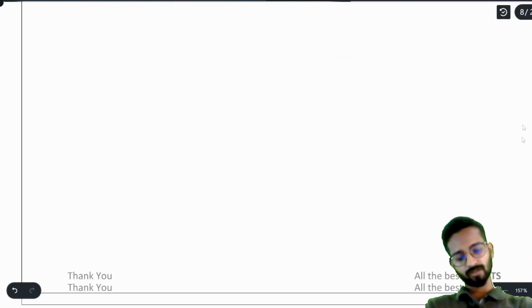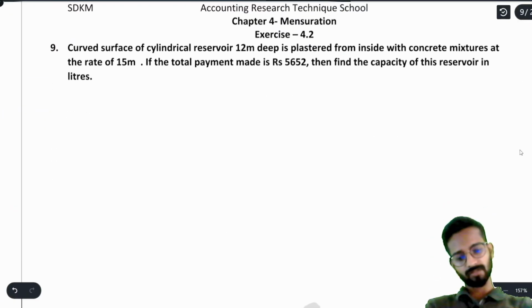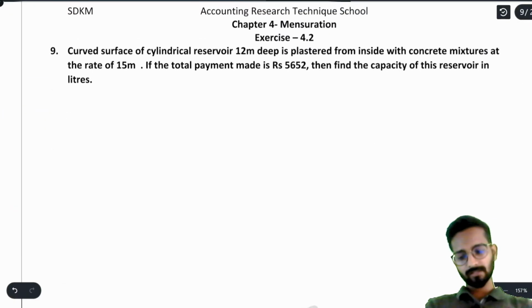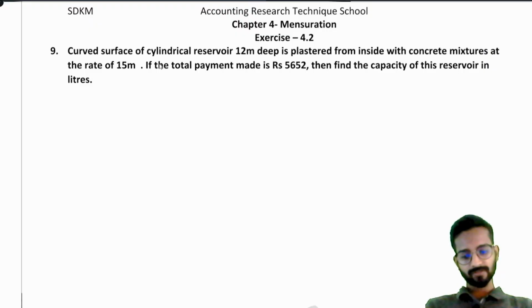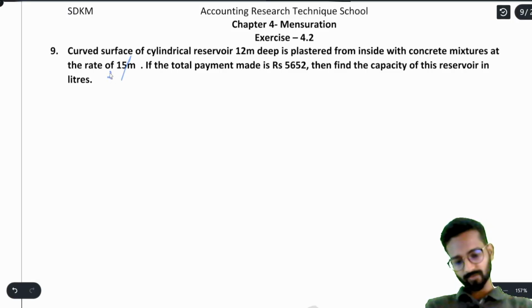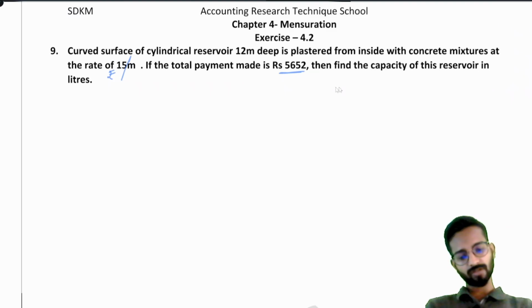Now question number 9. See, CSA of cylindrical reservoir is 12 meter deep, is plastered from inside with concrete mixtures at the rate of 15 rupees per meter. If the total payment made is 5652, then find the capacity of the reservoir in the liters.